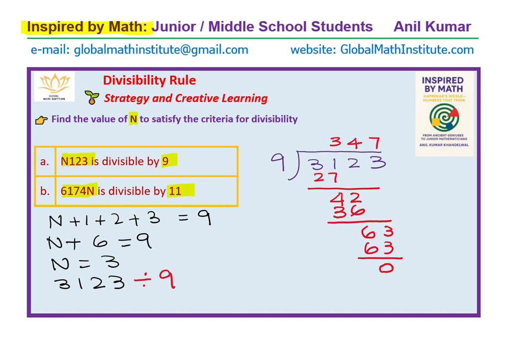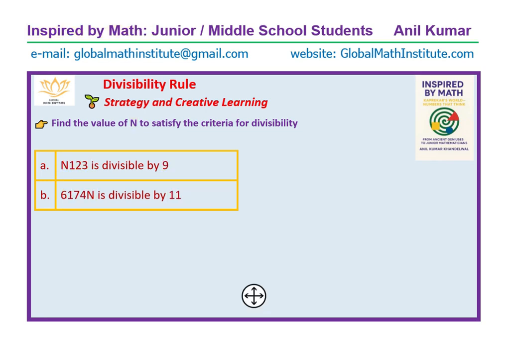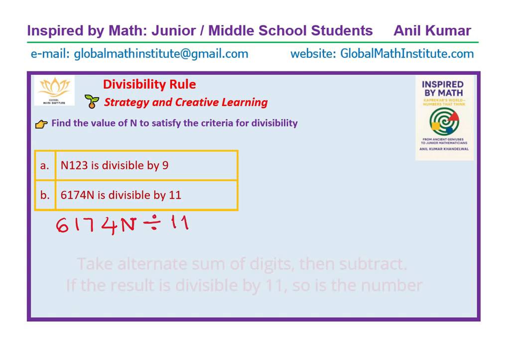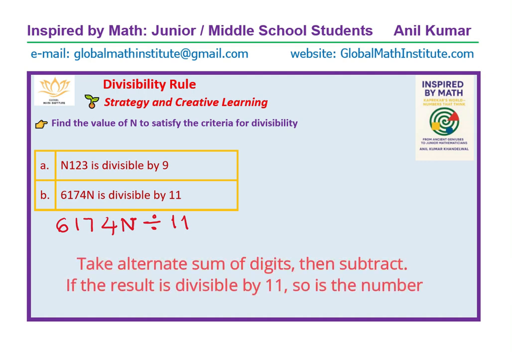Now let's do part B on a fresh page. This time we have a number which is 6174. It is also called Kaprekar's constant, but it is followed by n, and we want this to be divisible by 11. What is the rule for divisibility by 11? It is that the alternate sum of the digits, when you subtract them, should be a multiple of 11.